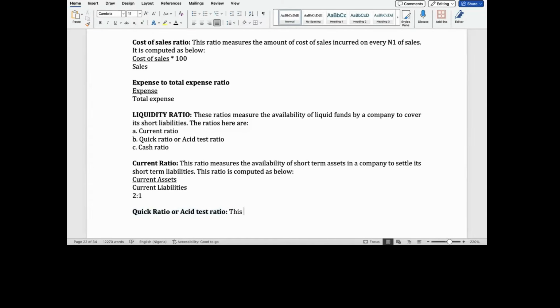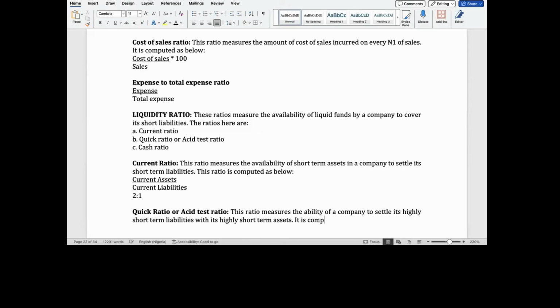Again, they measure the same thing. So this one also measures the ability of a company to settle its highly short-term liabilities with its highly short-term assets.